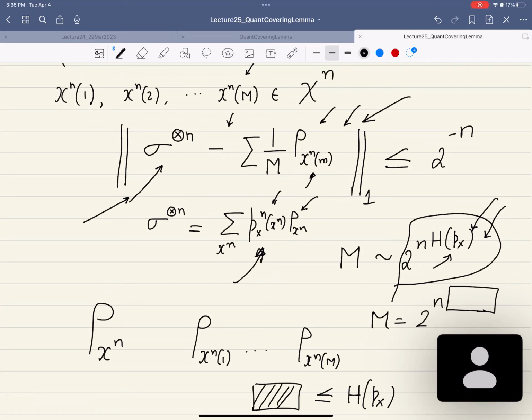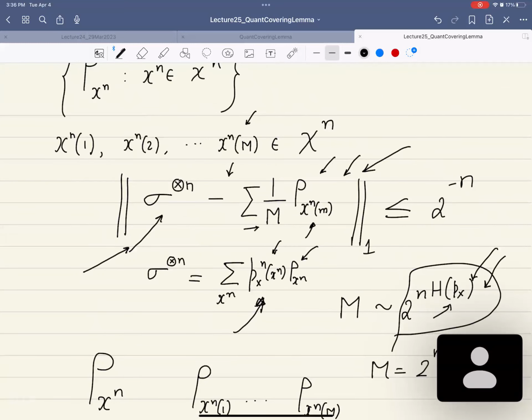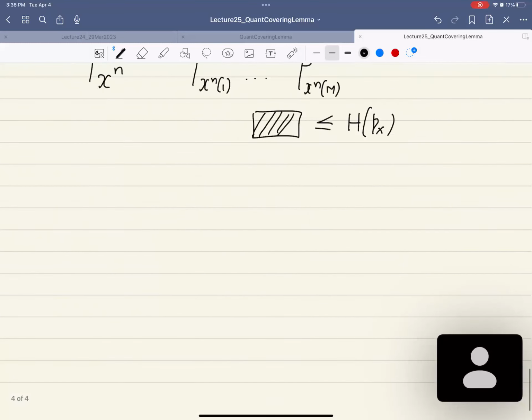Put a thumbs up. Yes, sir. Okay, great. Srini, is it okay? Yes, sir. Okay. So now the question is, what is the minimum m so that I can simulate this?